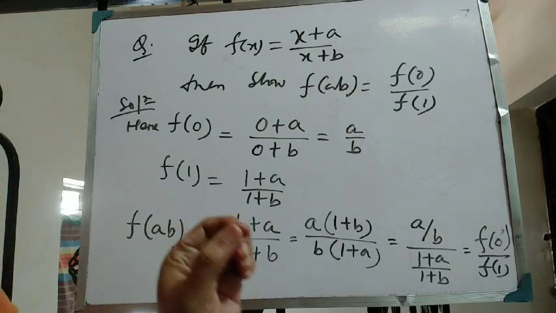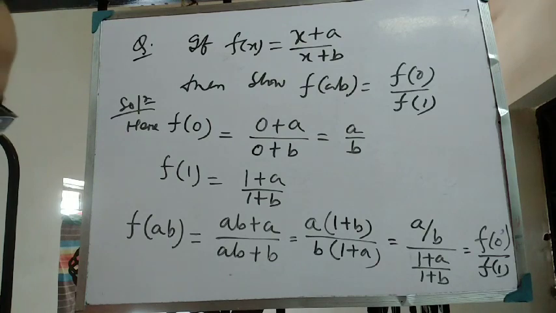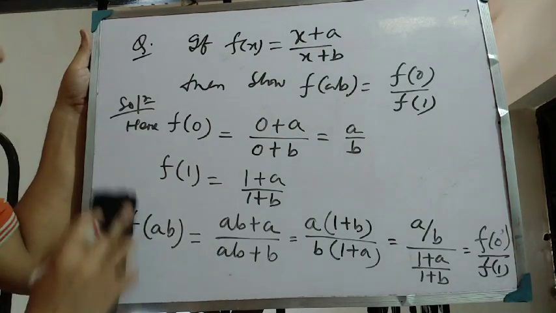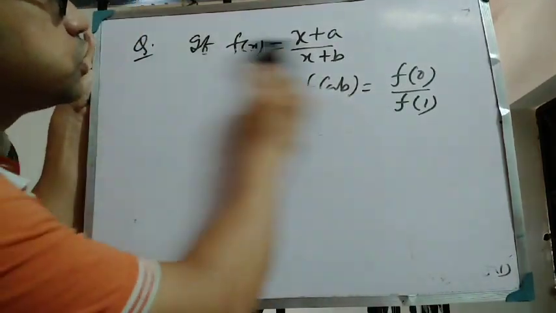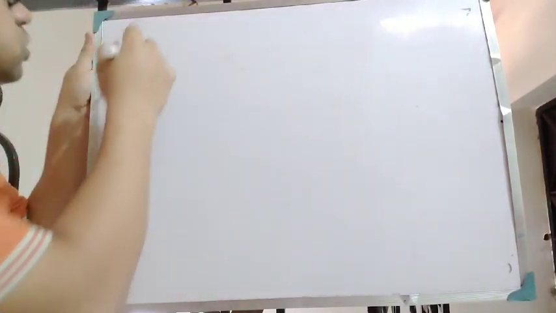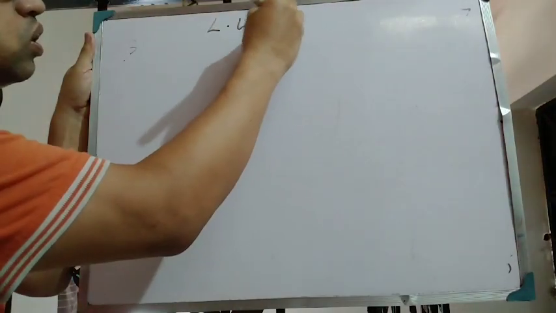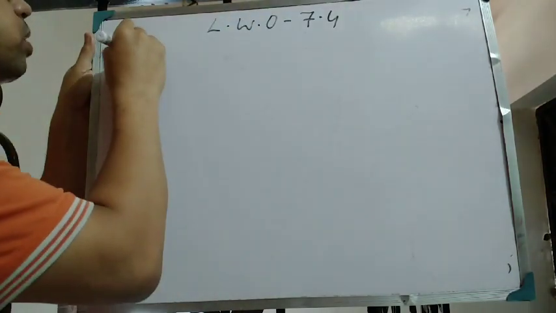So making that remainder equal to 0, you can find the value of k. But here I am going to solve this problem using the remainder theorem. So let's work out 7.4, problem number 3.